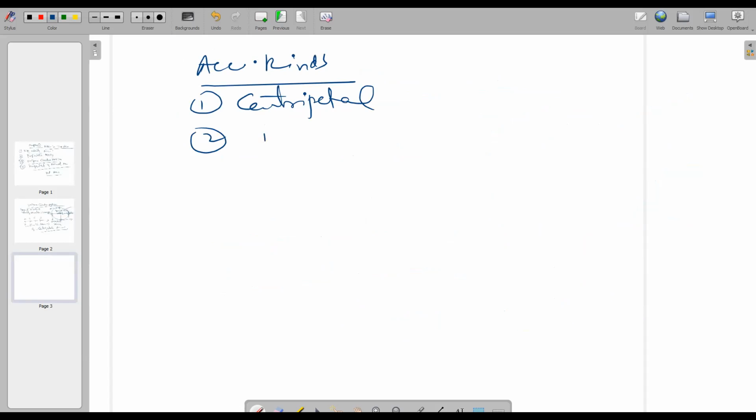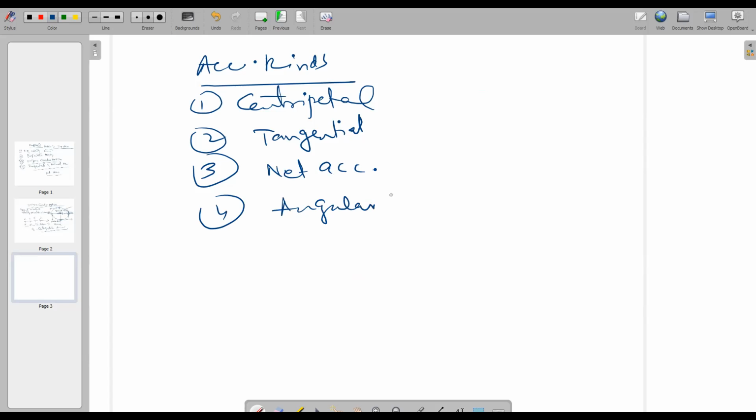One is tangential acceleration. Third is net acceleration. And fourth is angular acceleration. And the other is the linear acceleration, which we have discussed in chapter number 2.